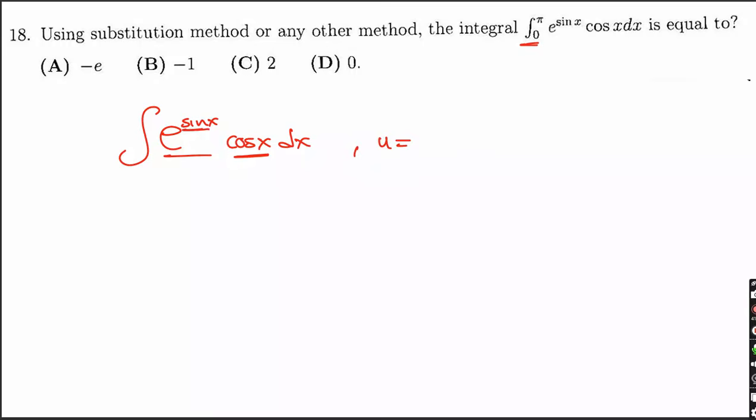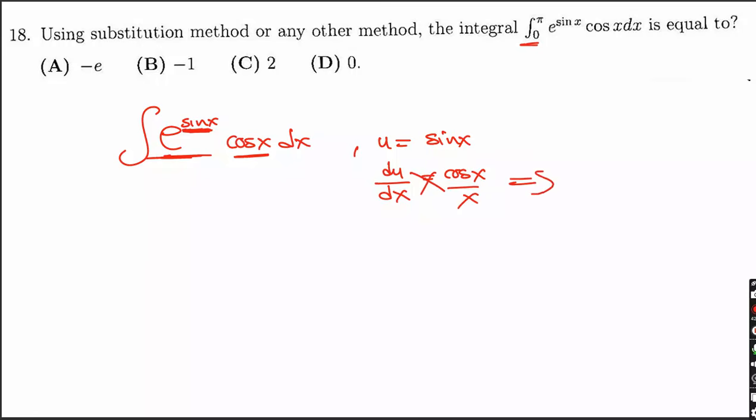So we say the value of u is going to be sine x. That means du/dx is going to be the derivative of sine x, which is cosine x. So how can we make dx the subject of the formula? We can cross multiply.